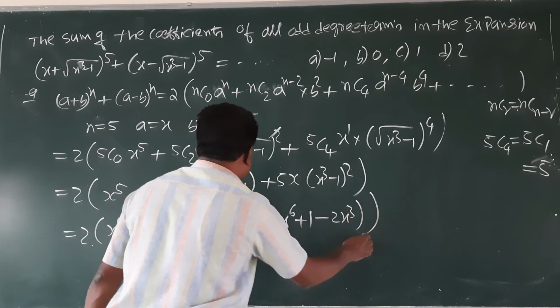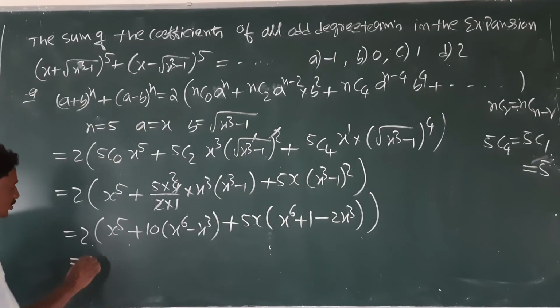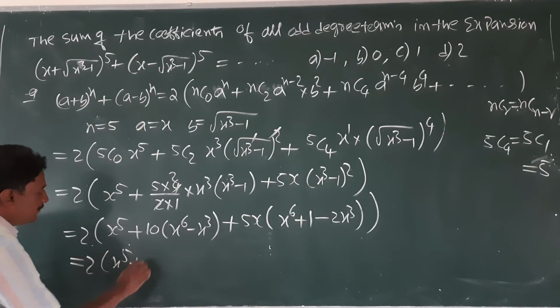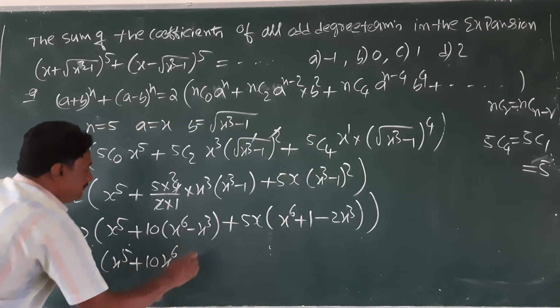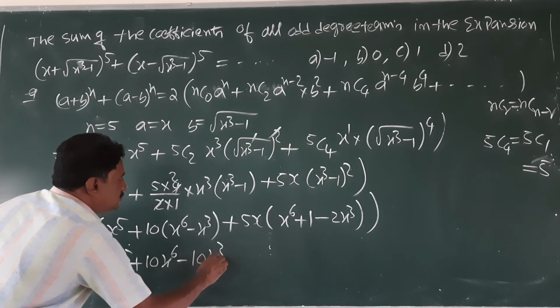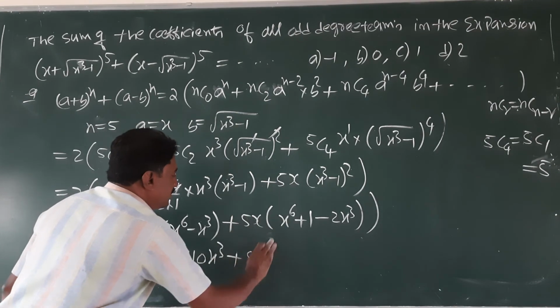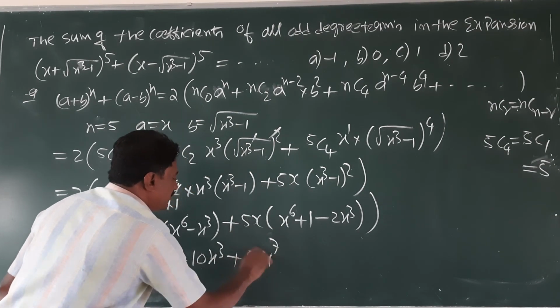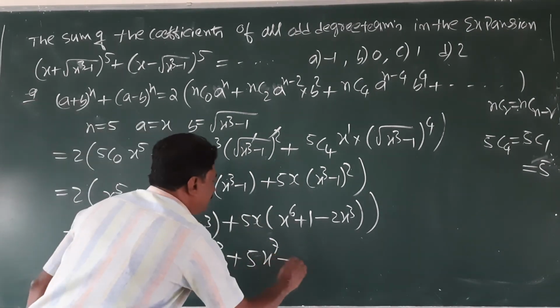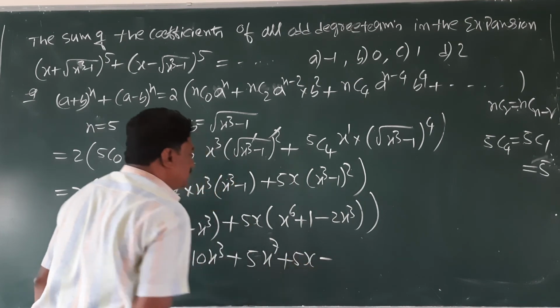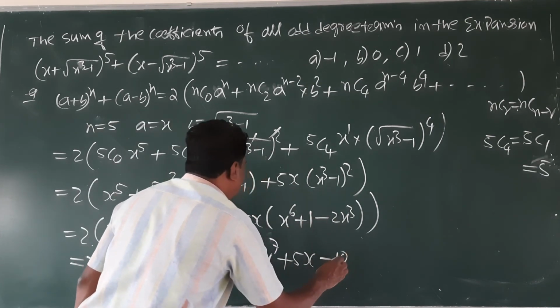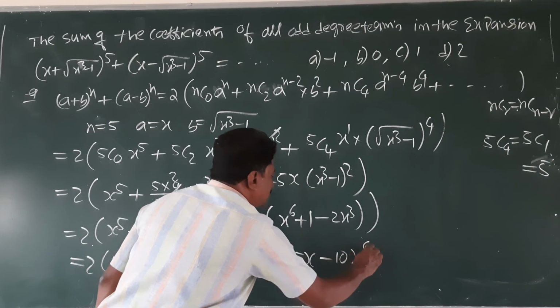So multiply, students: 2 into x power 5, plus 10x power 6 minus 10x cube, plus 5x power 7 plus 5x minus 10x cube into x power 4.